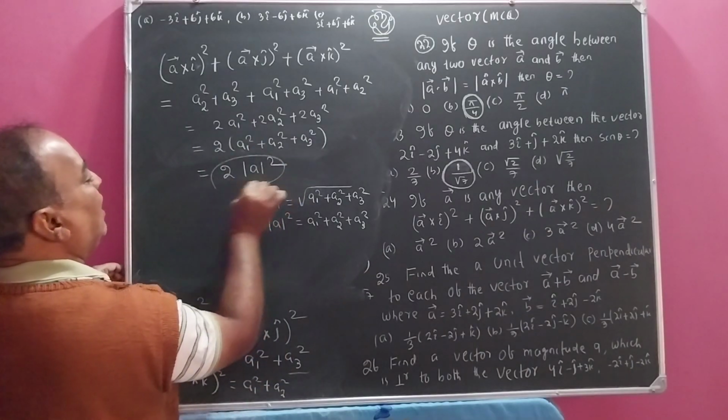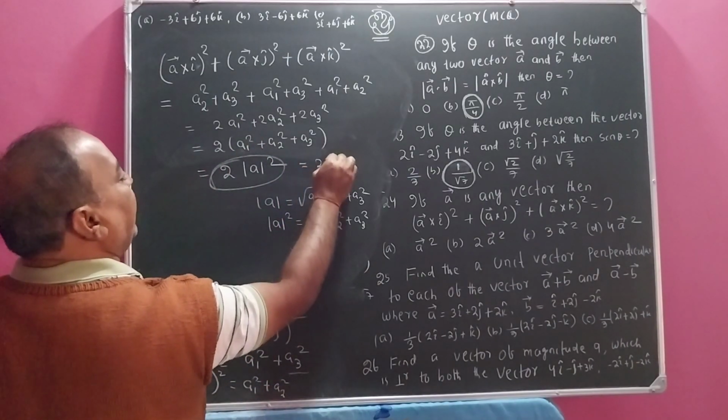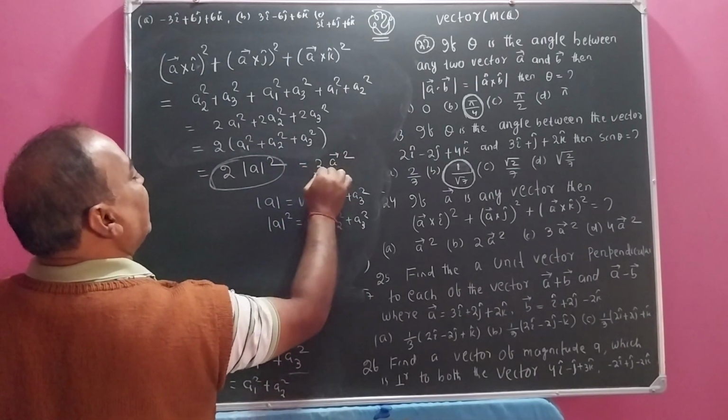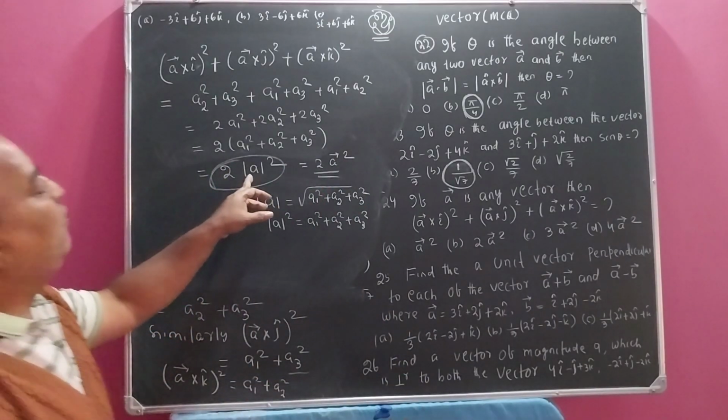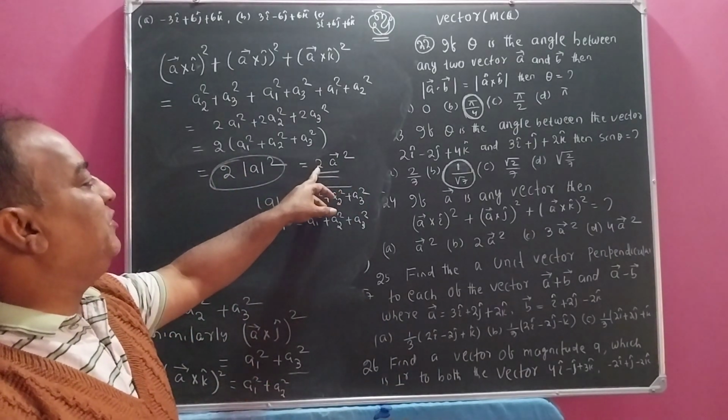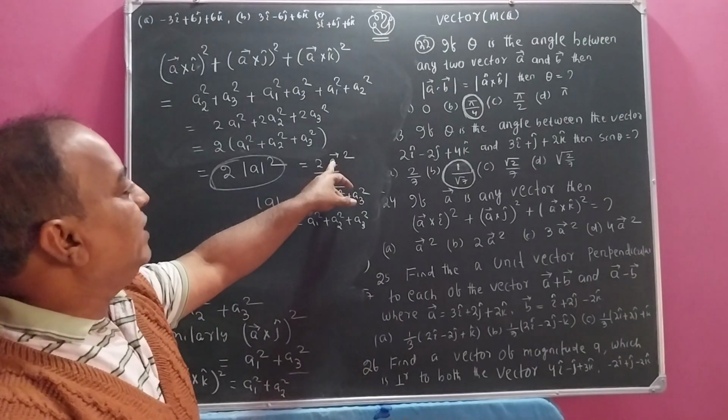So this is the answer of this question, 2 A vector square. This can be written also like this: 2 into magnitude of A whole square.